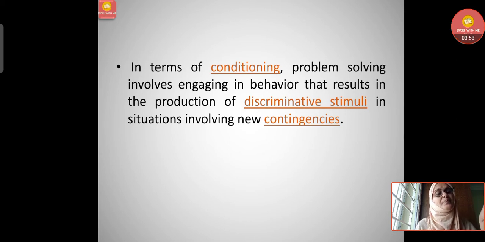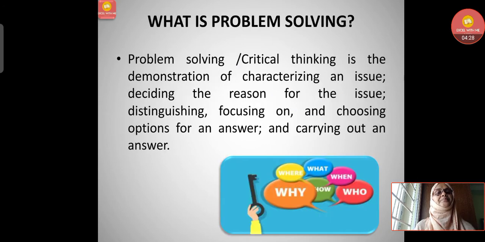When the bell rings, it means the food is ready, a hint for the dog. That means production of discriminative stimuli. They will understand the situations, how to deal with the new situations. If after ringing the bell, food is not given, what will the dog do? It will still continue to flow the saliva, waiting for the food. If it is not given, it will wait, and then a new strategy it will apply to get the food.